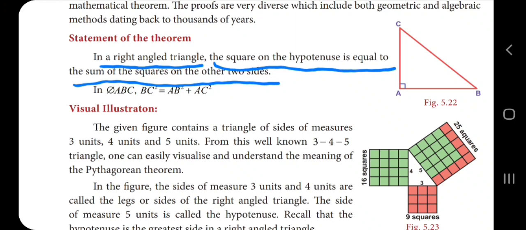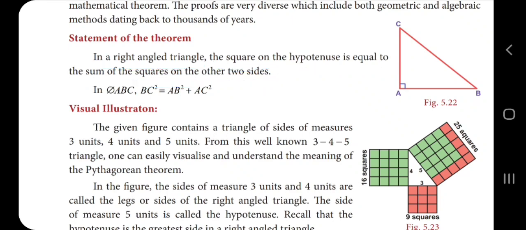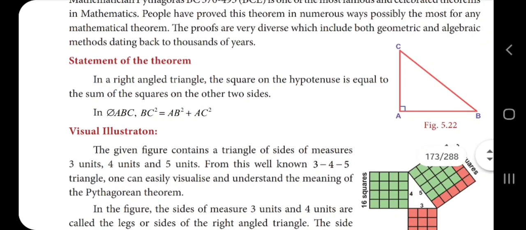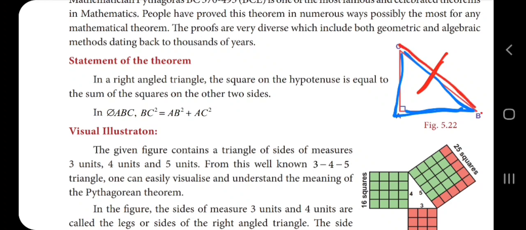So listen carefully. Pythagoras theorem is for a right angle triangle. Right angle means one of the angles is 90 degrees. The square on the hypotenuse is equal to the sum of the squares on the other two sides, where hypotenuse means the longest side. For example, here BC is the hypotenuse.